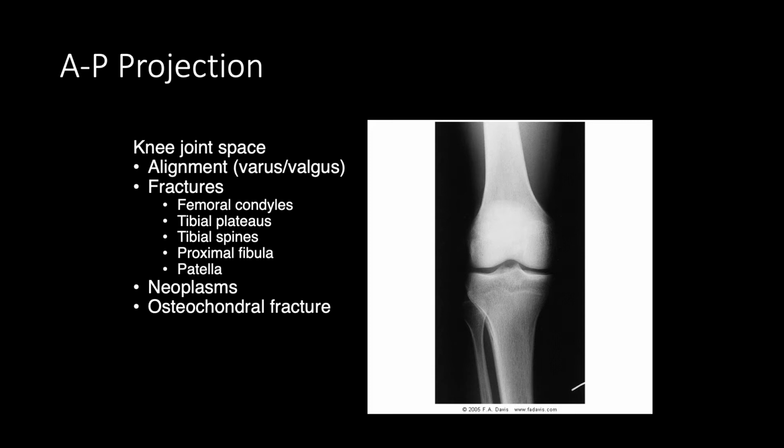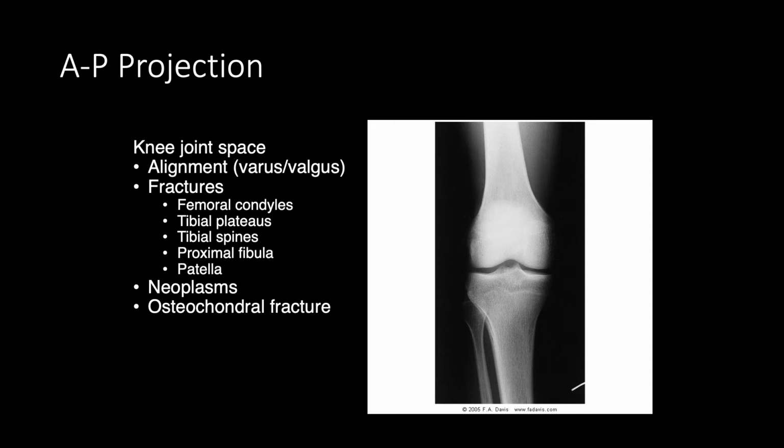So like I say, the AP projection, we're looking at joint space. We're looking at the alignment here, making sure we got good alignment in density. Then look at your cartilage spaces, looking at soft tissue around it. In this case, you'll be able to see the condyles very well, the tibial plateau, these little tibial spines here for some of your cruciate ligament.